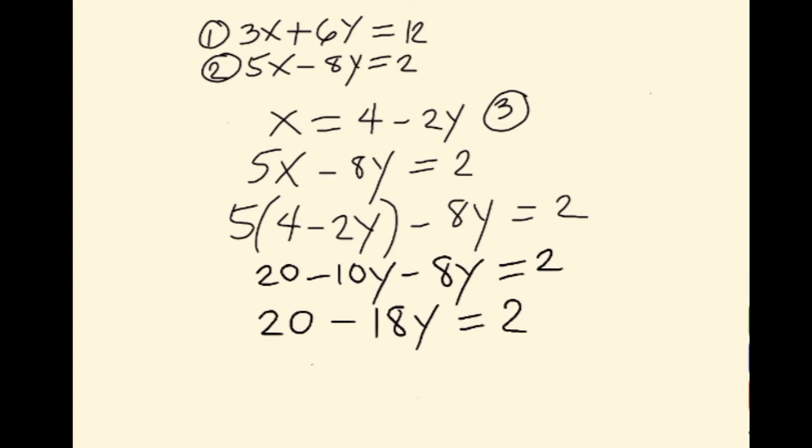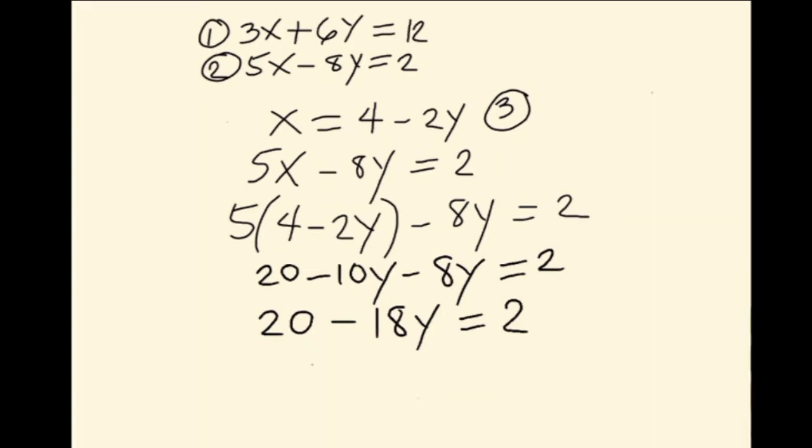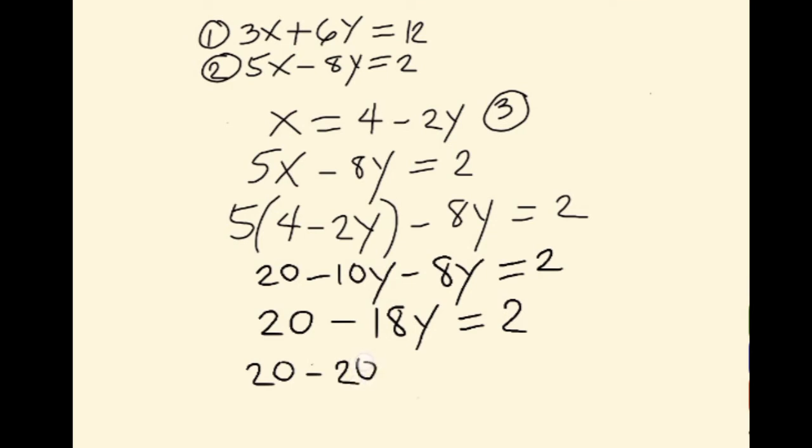Our target now is for our y variable to be on the left side of the equation. What we want is only y to remain on the left side. On the left side here, we have the constant value 20. We will be subtracting 20 on the left side so that 20 will be removed. So we have 20 minus 20, and I'll just copy the minus 18y.